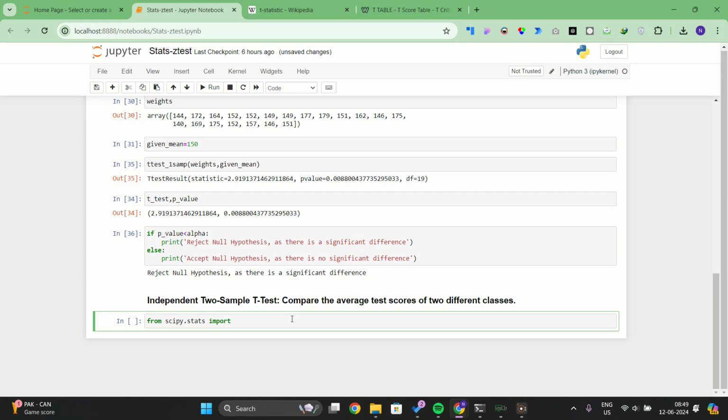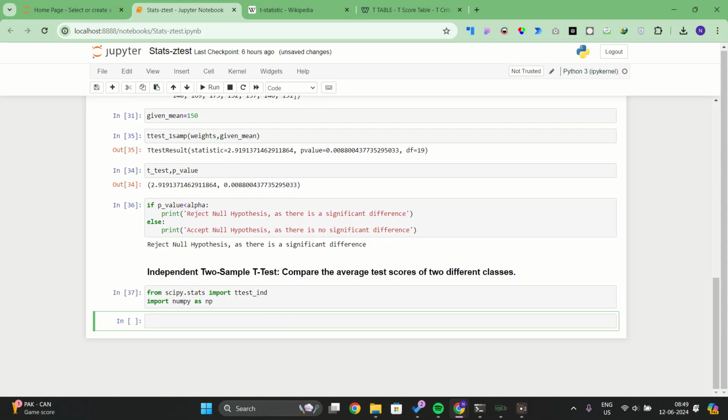So let's import t-test independent. Say we brought it here, and we are going to take the sample data for class 1 to be, let's take it np dot random.